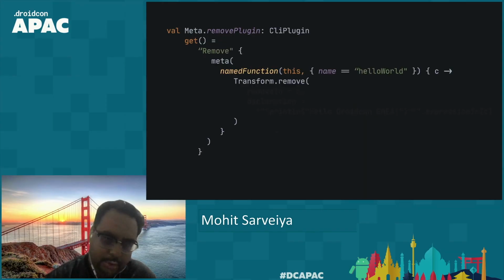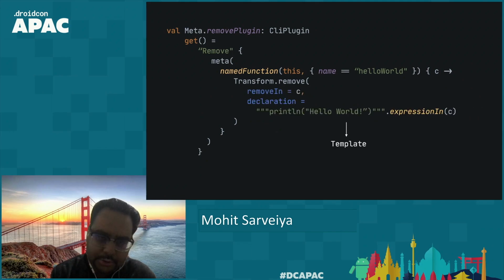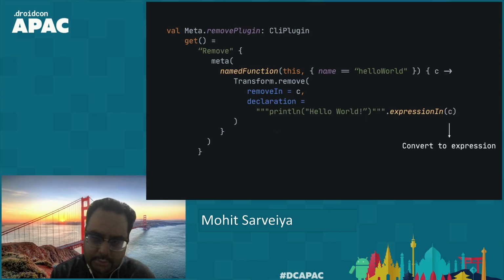The way you do that is transform.remove. You're going to remove this function, and this will be your new declaration. And you'll see that expression converts it to a particular expression. This is an extension given to you. This is how my remove transformation looks.